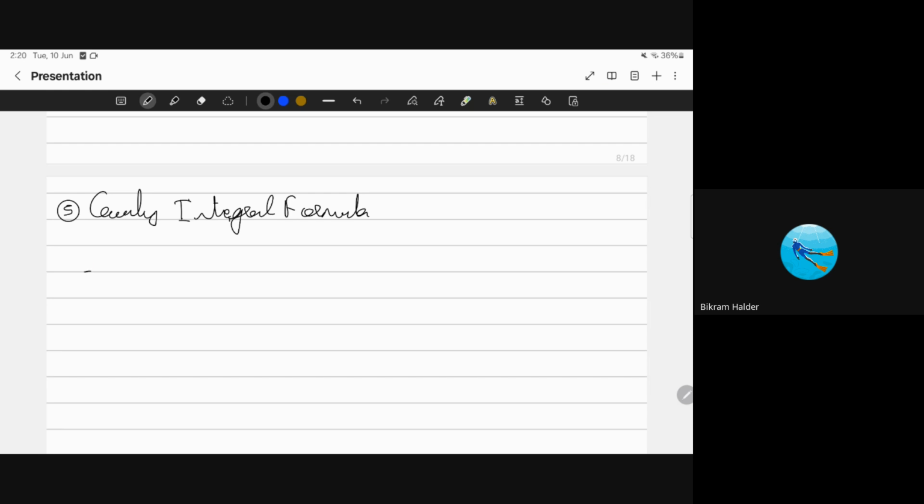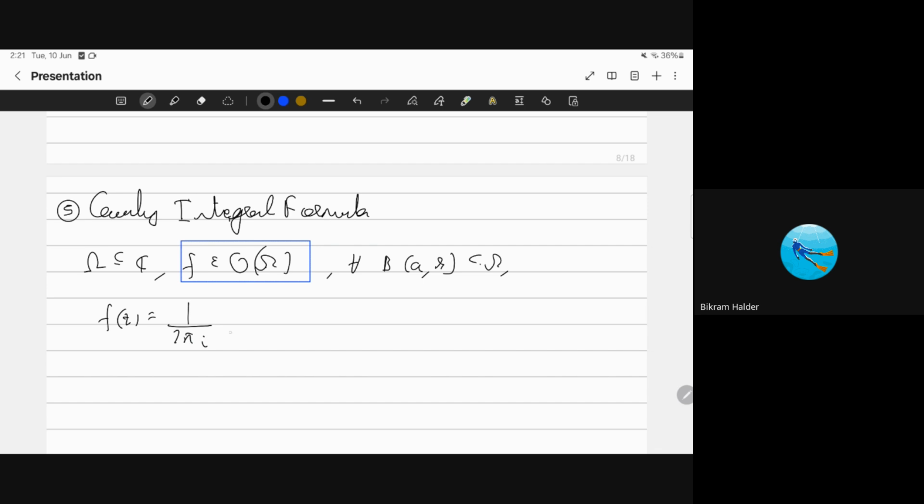It says that if you have some open subset omega of C, and f is holomorphic on omega, then for all balls which are contained in the open subset omega, we have f(z) equal to 1 over 2 pi i times the integral of f(xi) over (xi minus z) d xi, over the boundary of the ball.